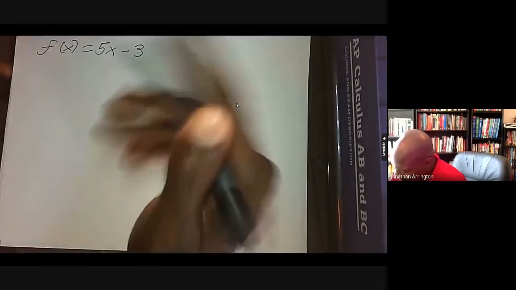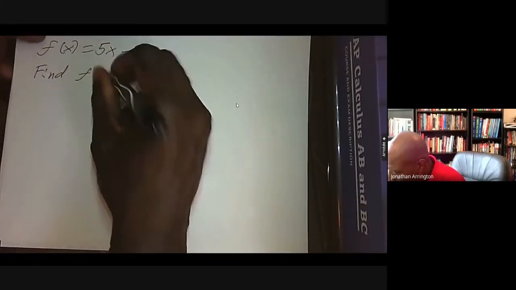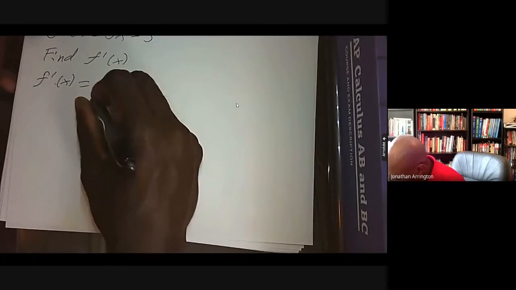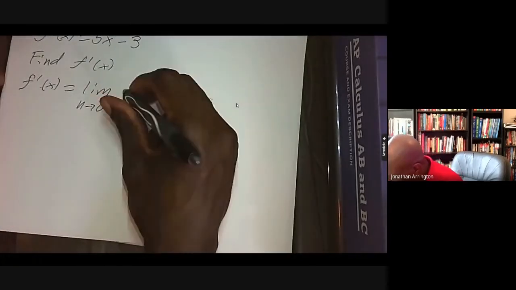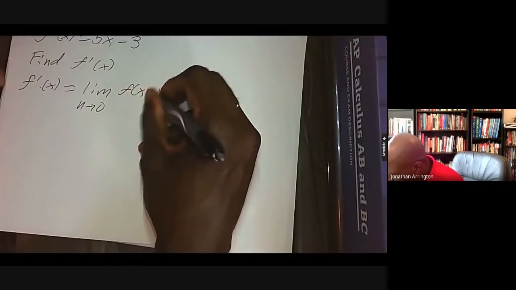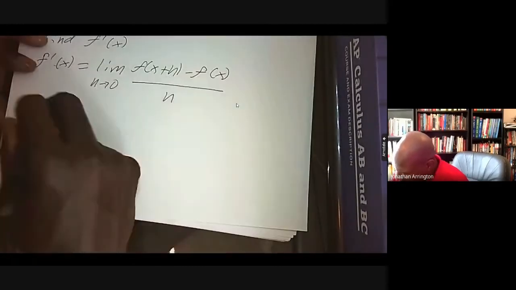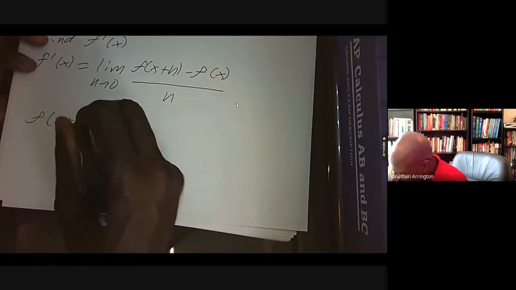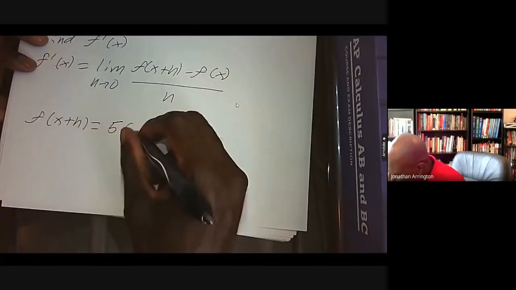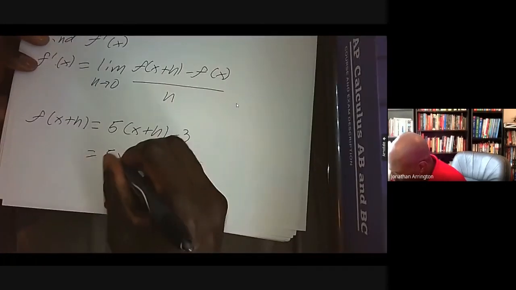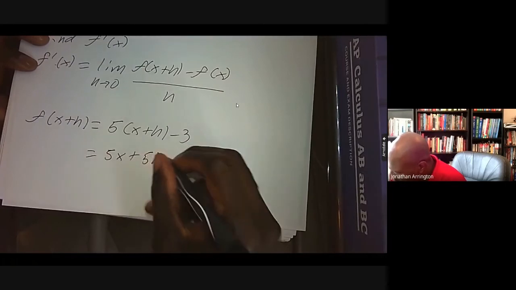While you think about that, I'm going to go ahead and find f prime of x. So f prime of x is the limit as h goes to 0 of f of x plus h minus f of x over h. F of x plus h is 5 times x plus h minus 3, so that's 5x plus 5h minus 3.